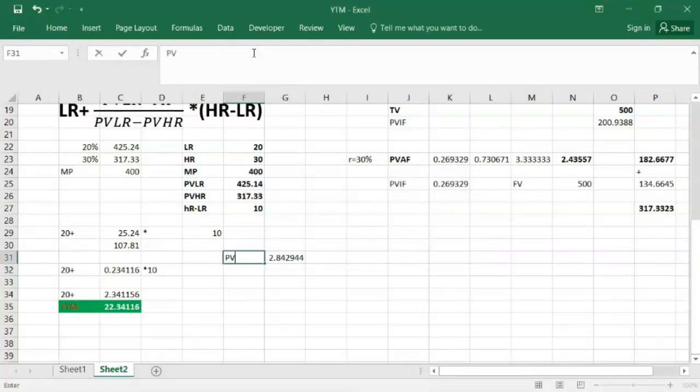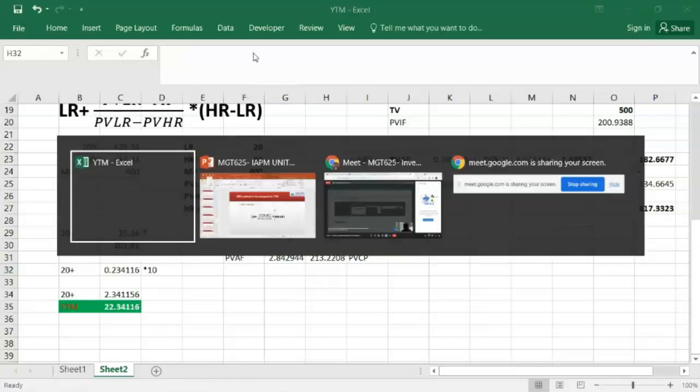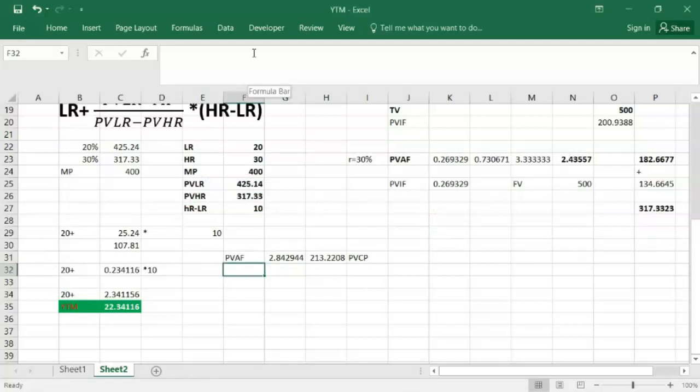The present value annuity factor is about 2.84. This present value annuity factor is multiplied with the coupon payment. The coupon payment is 75 rupees. So the present value of the coupon payment becomes 213.22 rupees. Just for validation purposes, I am doing this.